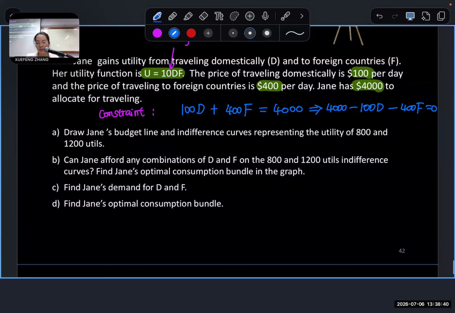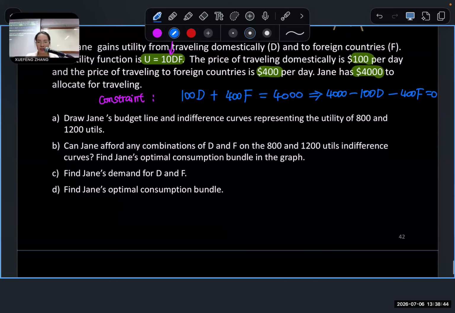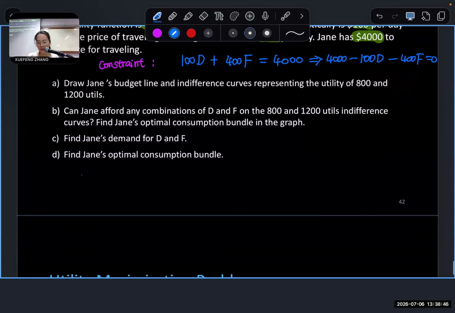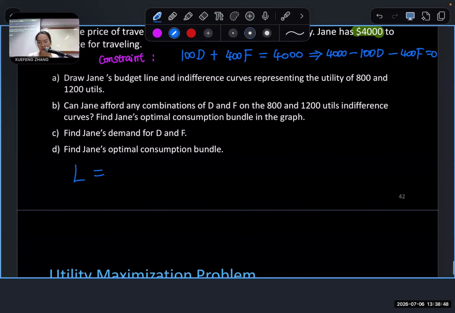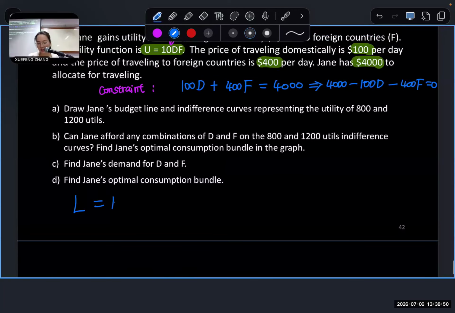Okay, I'm going to show you what the Lagrangian equation looks like. So it's 10DF plus lambda times (4000 minus 100D minus 400F).